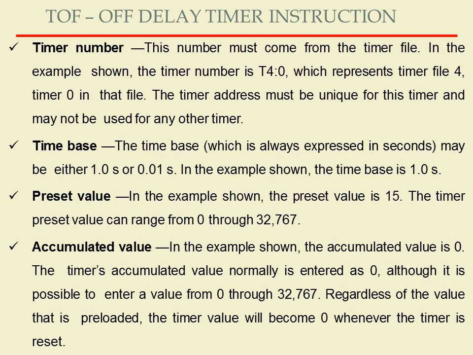The timer's accumulated value normally is entered as 0, but it is possible to enter a value from 0 to 32,767. The timer value will become 0 when the timing is completed.